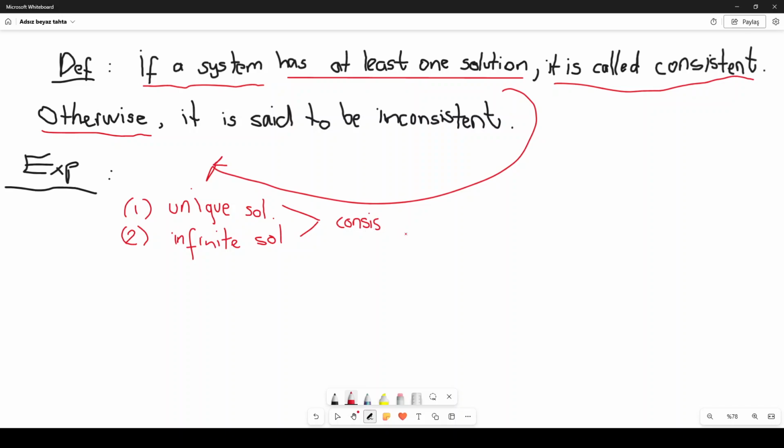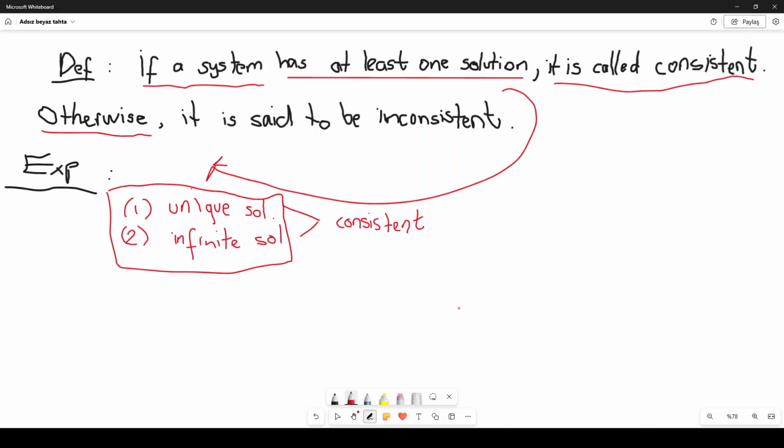This is the logical expansion of the definition. If a system is consistent, it must have at least one solution. That means we can have one solution or more solutions, which in our case corresponds to having an infinite number of solutions. These two cases refer to consistent systems.